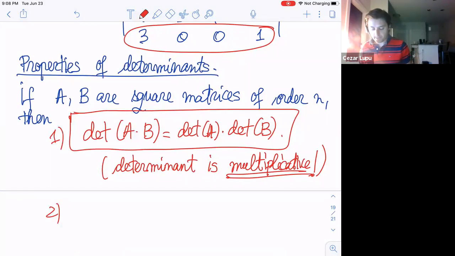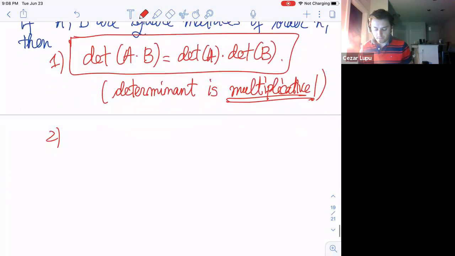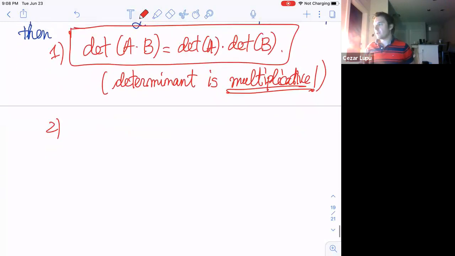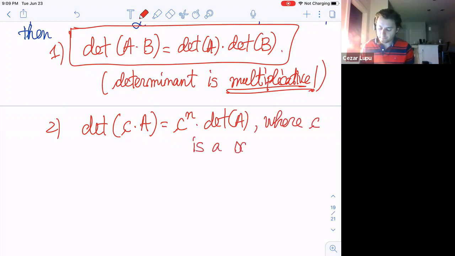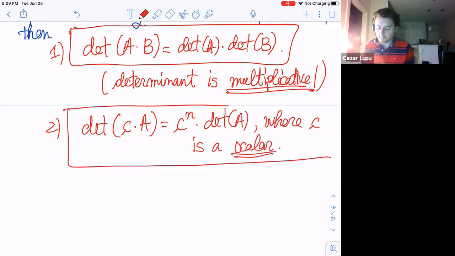If I want to multiply a matrix by a scalar, we also have that the determinant of a scalar c times the matrix A is nothing else than that scalar to the power of the order of the matrix, which is n, times the determinant of A, where c is a scalar. I want to make myself clear, it is not a matrix.